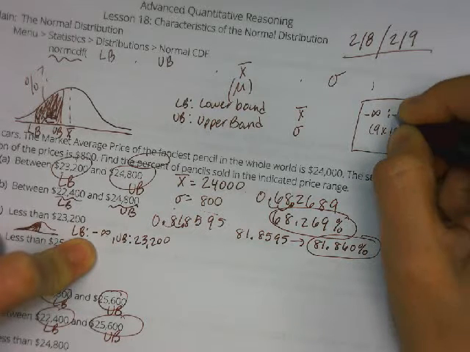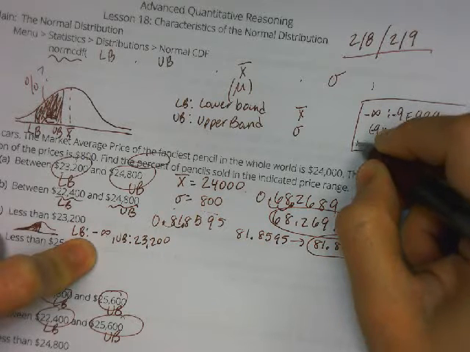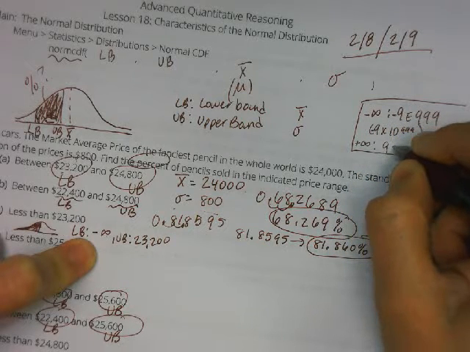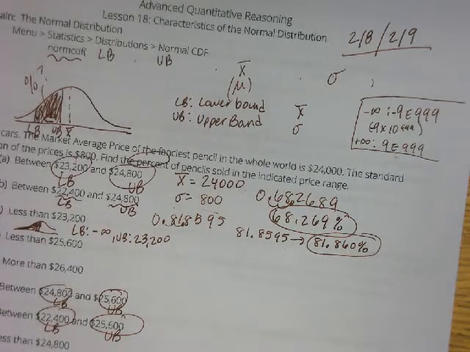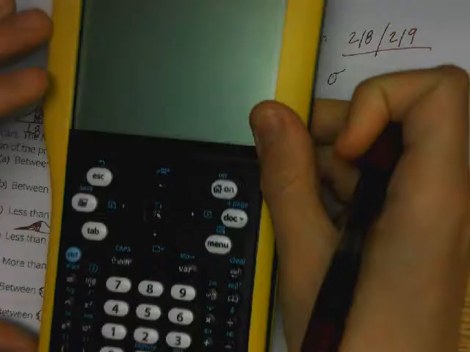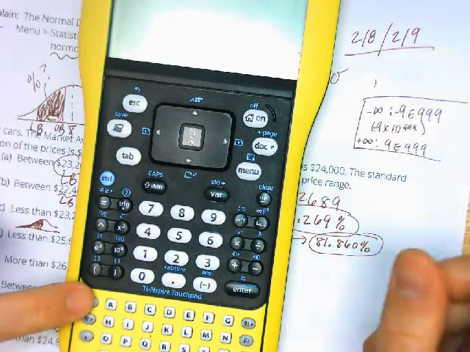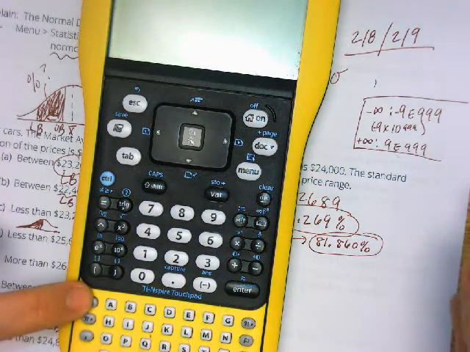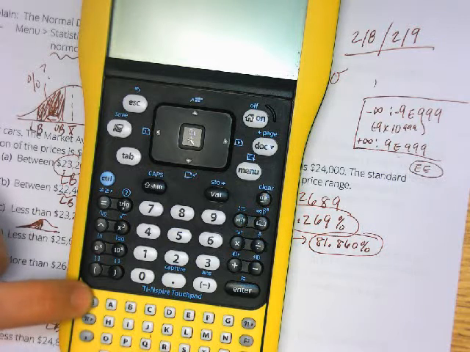Excuse me, this should be negative 9, because we're in negative infinity land right now. And positive infinity is 9e999. And just so you know, that E is located right here to the left of the A. It's the button that looks like E. That'll do the scientific notation for you.